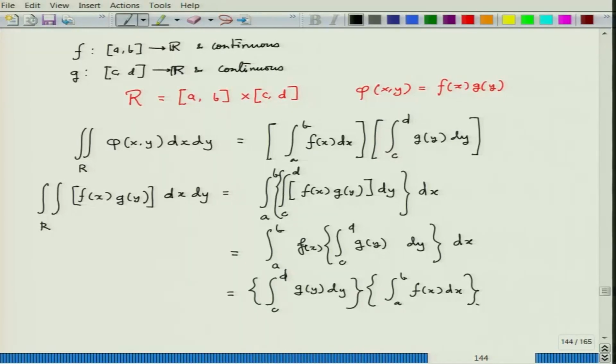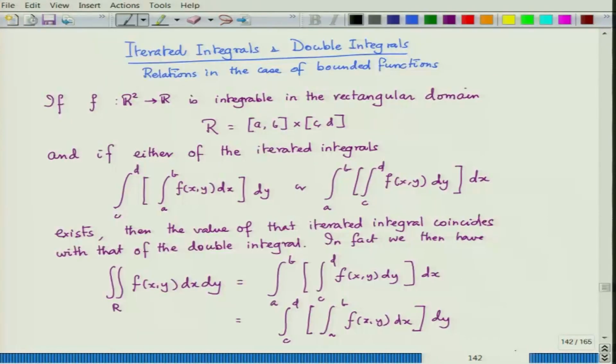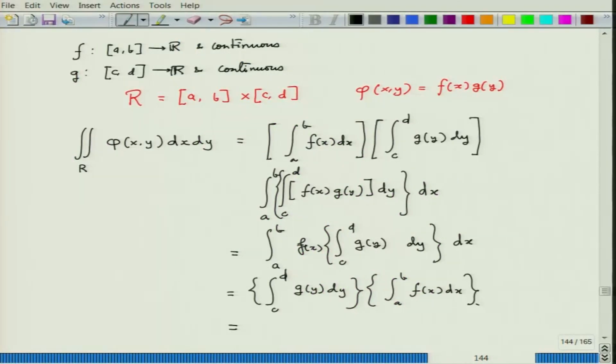First we just compute this iterated integral, which is the product of these two integrals that exist, and hence by what we had written down earlier, this iterated integral is actually equal to the double integral over R of phi(x, y).